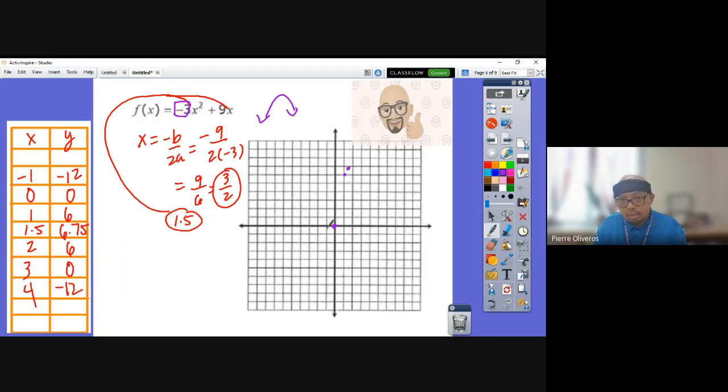Negative 1, negative 12, negative 12 is somewhere way down here at the bottom. 2, 6, 2, 6, 3, 0, and somewhere there is a 12. You connect them all. Okay, there you go.